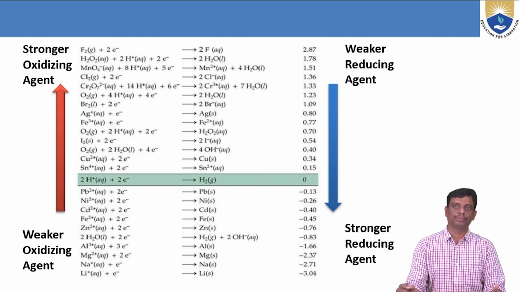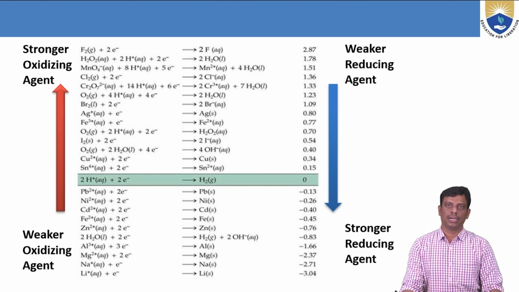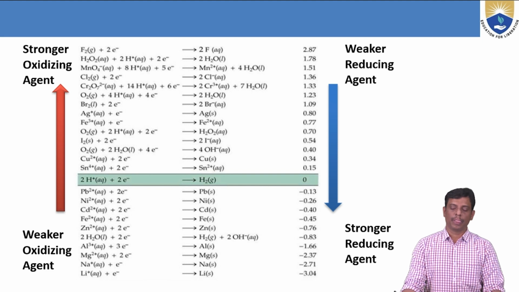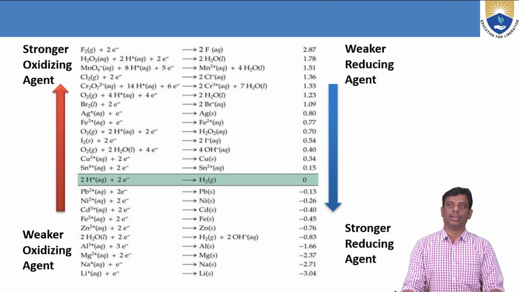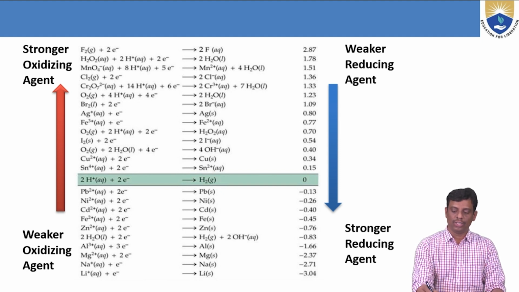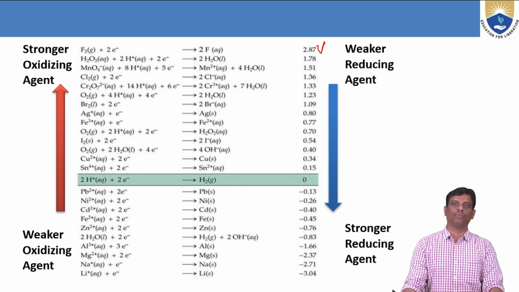Fluorine gains electrons; these are all reduction potentials at standard conditions. Fluorine has a potential of plus 2.87 volts.